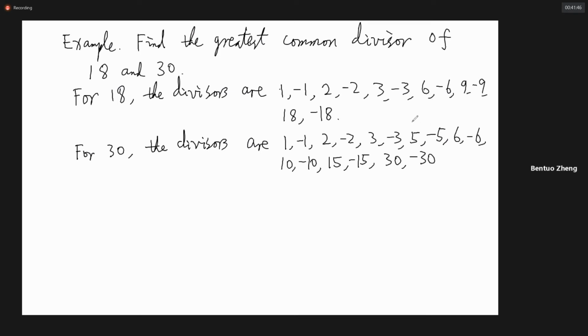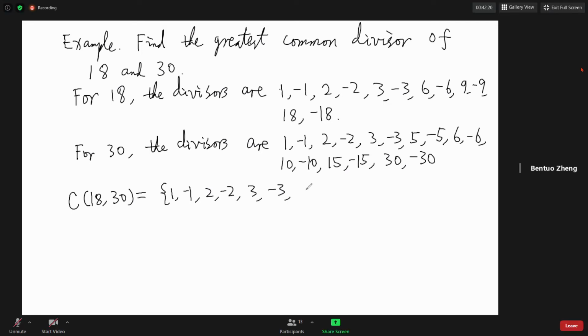Okay, when you write out all the divisors for 18 and 30, you can find the set of common divisors of 18 and 30. So you get 1, -1, and 2, -2, 3, -3, and 6, -6. These are all the common divisors.